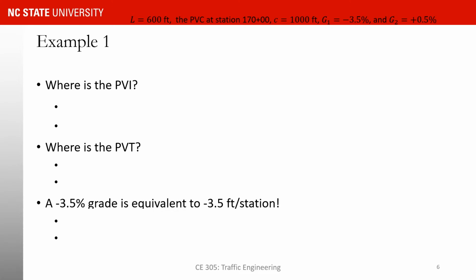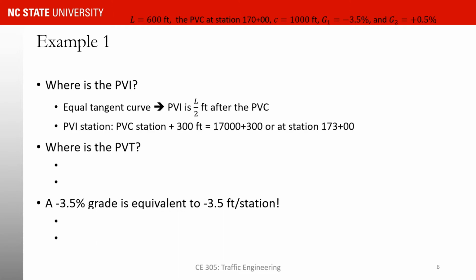So I want to first find where the PVI is. PVI is the point of vertical intersection. We have an equal tangent curve, so we know that PVI is L over 2 feet to the right of the PVC. We have the station of PVC. We know L is 600 feet.